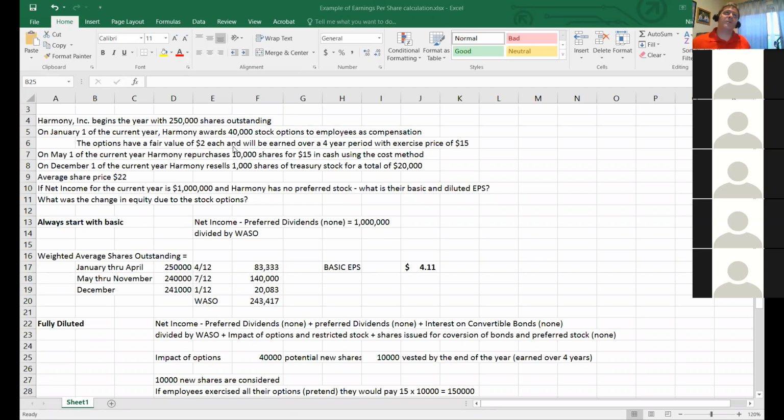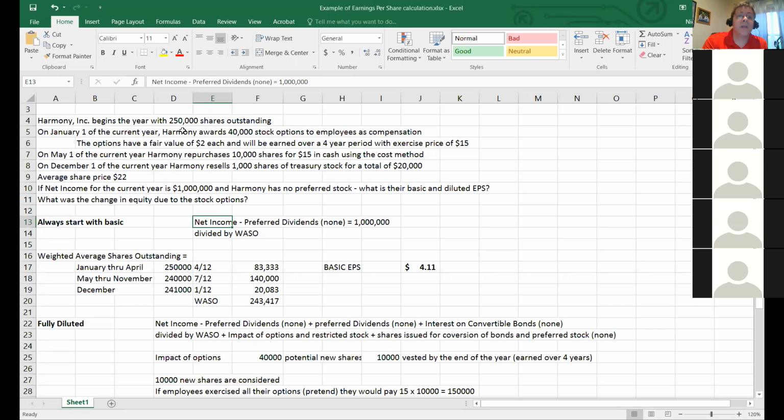We introduced that idea way back when we talked about the income statement the first time, and we knew this was the formula: net income minus preferred dividends, divided by weighted average shares outstanding. But we gave you the weighted average shares outstanding. Now we're going to look back and see how we would calculate weighted average shares outstanding.